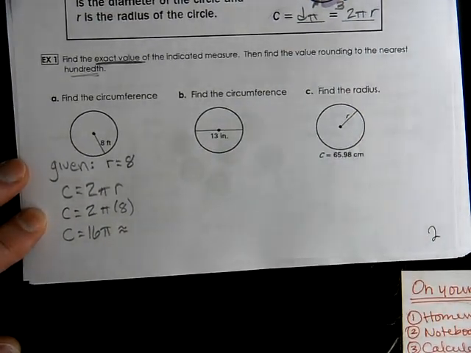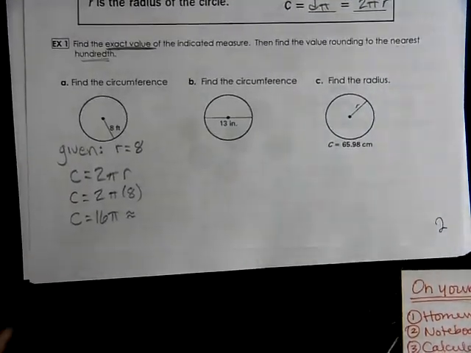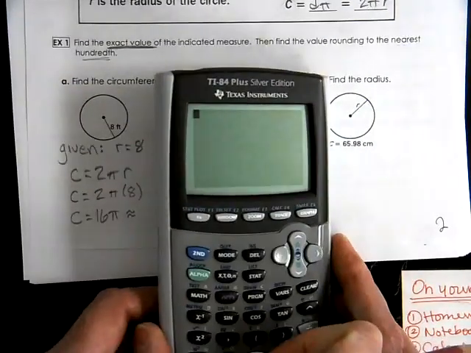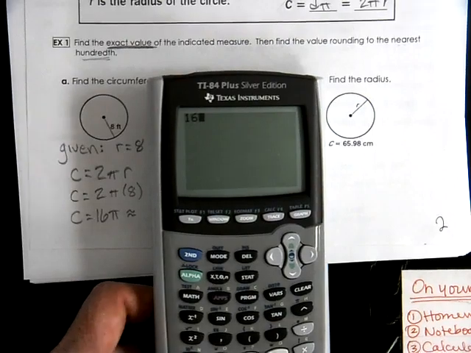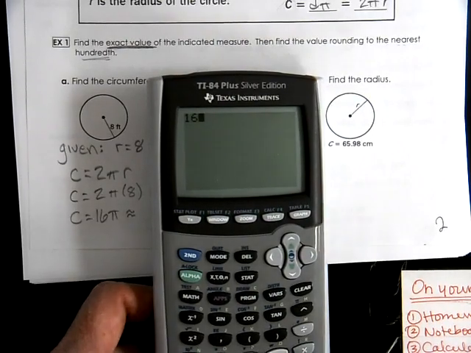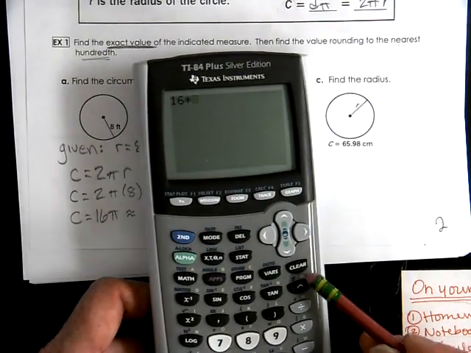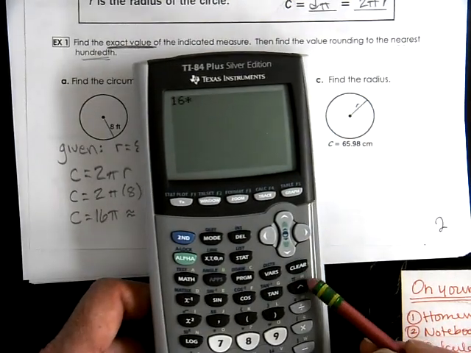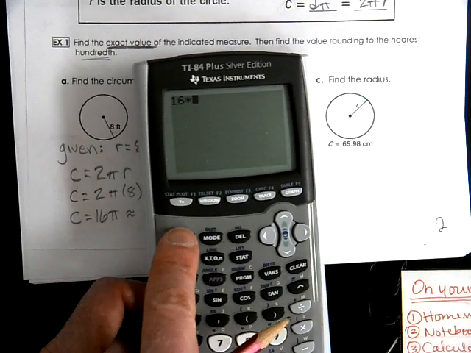Which is approximately 16 times pi. You can hit the times symbol if you like. Here's the pi symbol on one of the graphing calculators.